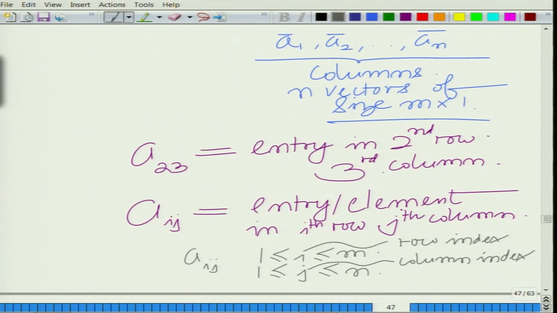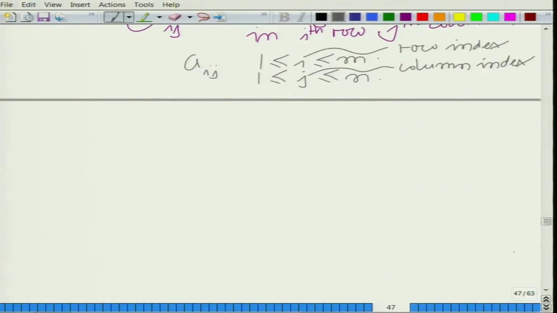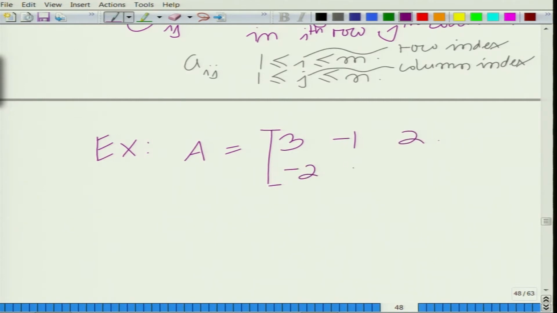Okay, so this is essentially your matrix. This is an M cross N matrix, right. Let us take a simple example. Again, there are many examples; most of you might have already encountered this many times. So let us take a simple example: 3, minus 1, 2 in the first row, minus 2, 4, 3 in the second row.